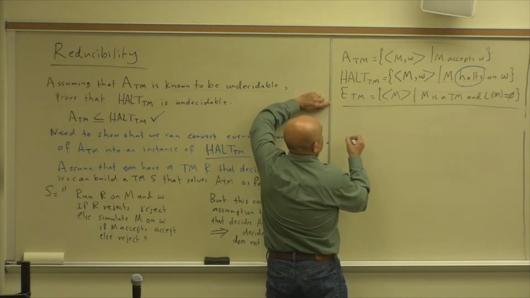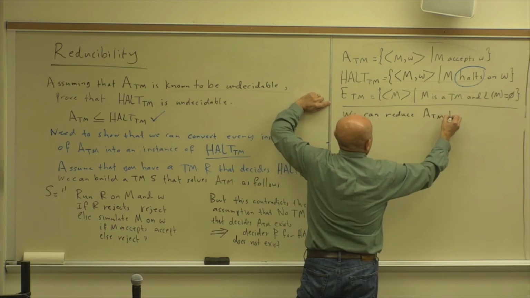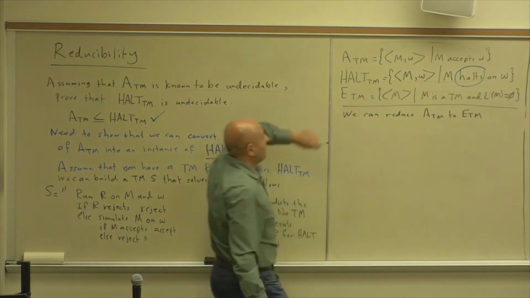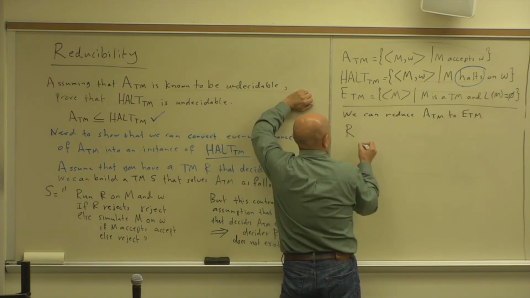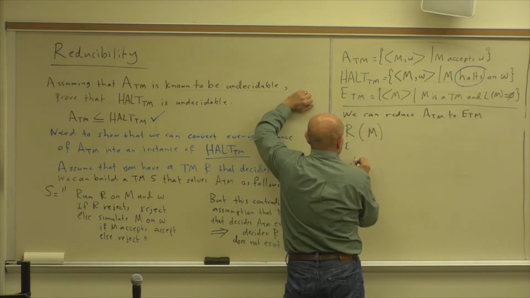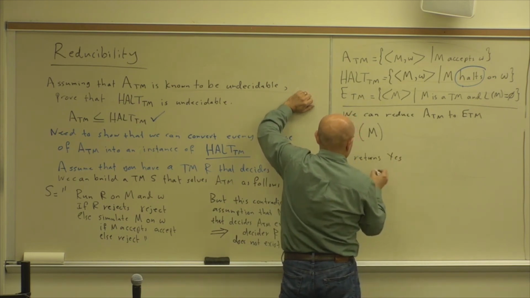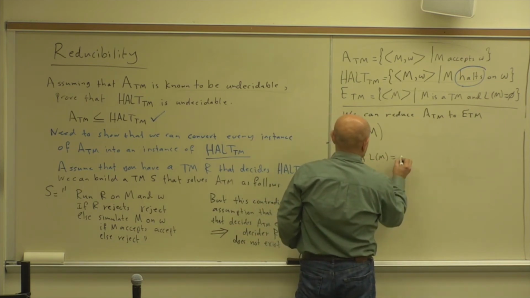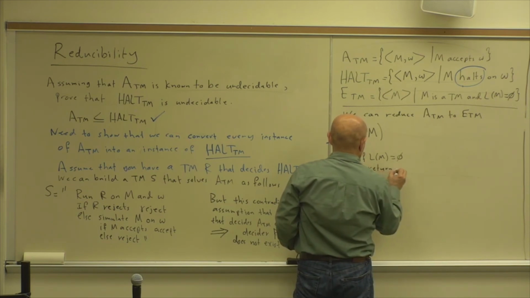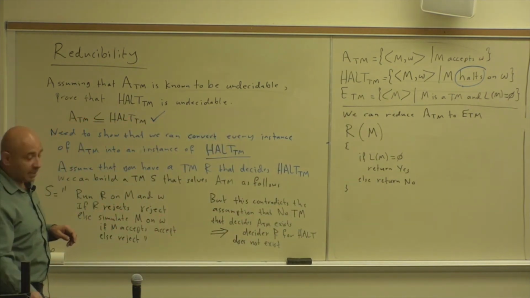So we can reduce ATM to ETM. Or if we are given a solver for E, we can solve A. So this solver R for ETM takes a machine M and returns yes if L of M equals phi, else returns no. Now again, this is a magical machine that we assume to exist, but then we will conclude that it doesn't exist.